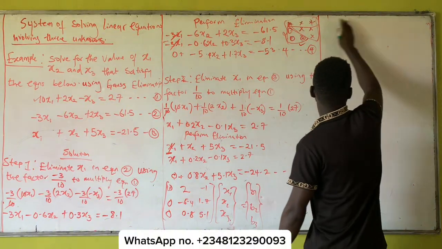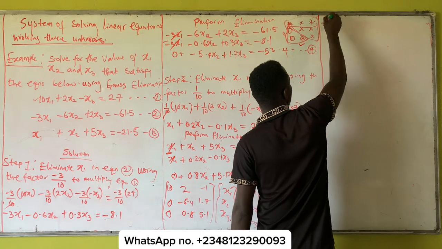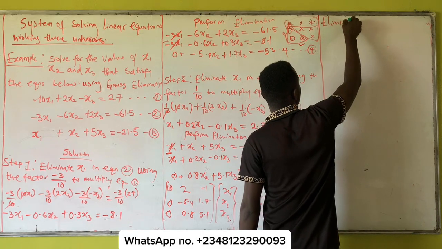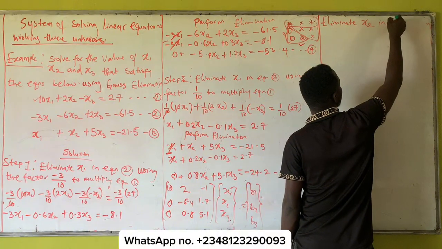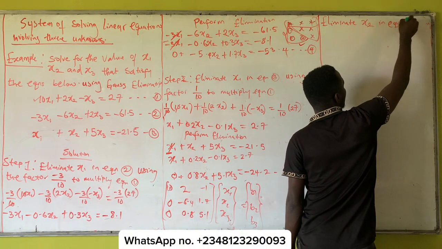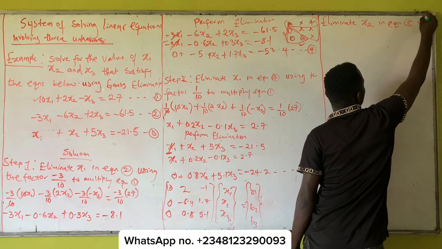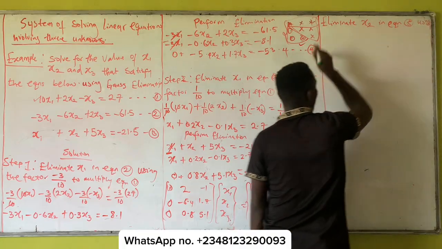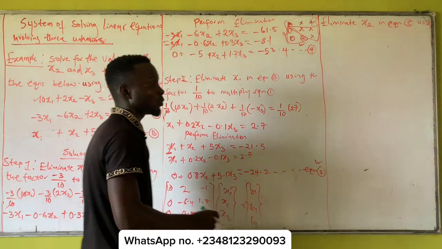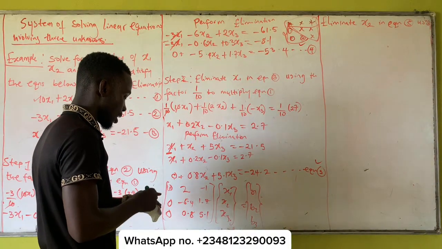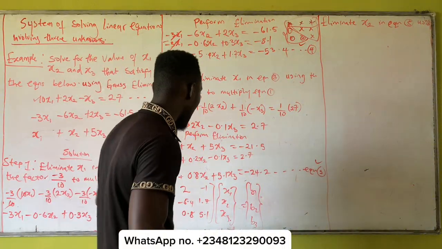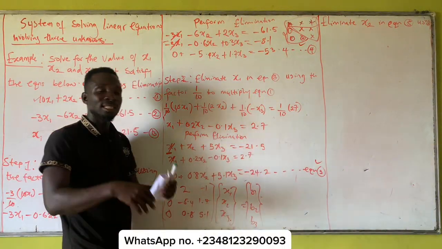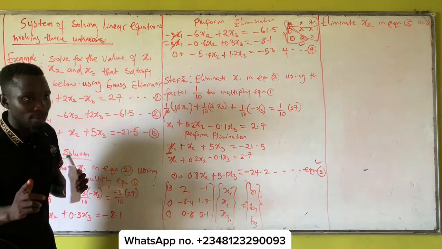So the next step is to eliminate x2 in equation 5, using equation 4 and 5. How do you get the factor? It's still the same way we have been getting the factor.